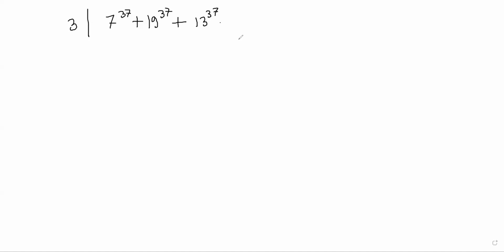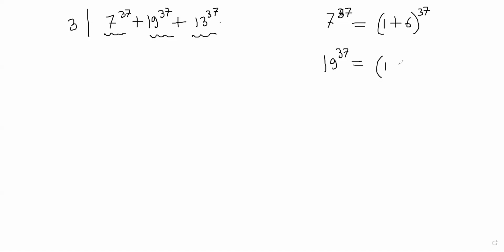The way to think about that is to express each of these terms as binomial expansions of stuff that is divisible by 3, right? We can write 7 power 37 as (1 plus 6) power 37. And we can write 19 power 37 as (1 plus 18) power 37. And similarly, 13 power 37 also can become (1 plus 12) power 37.